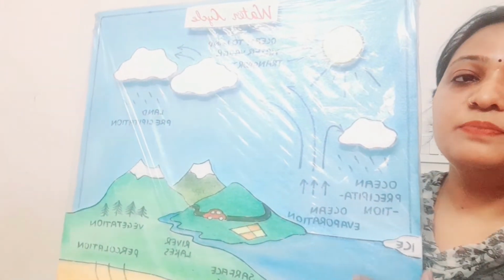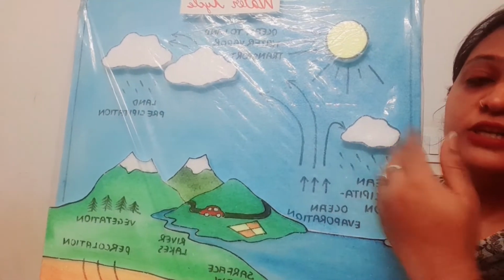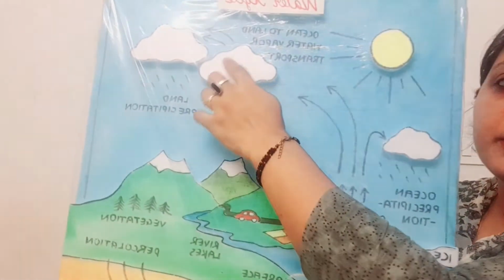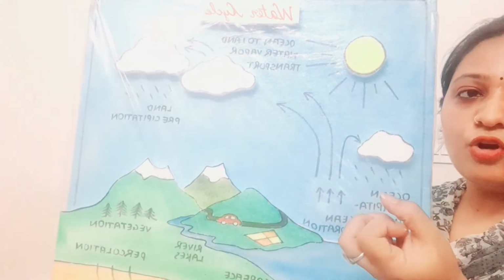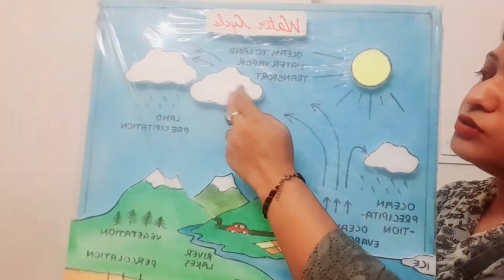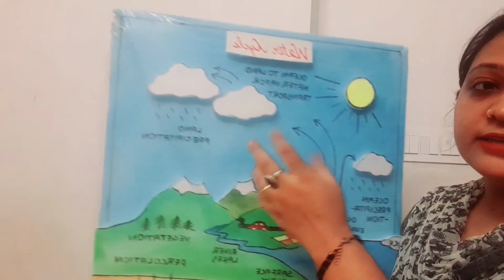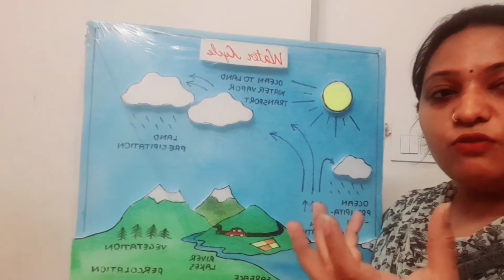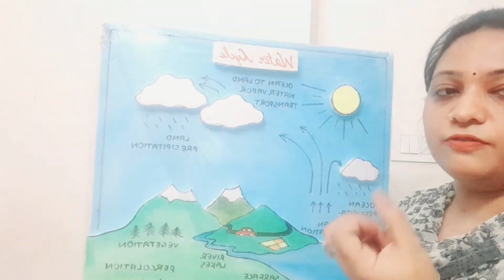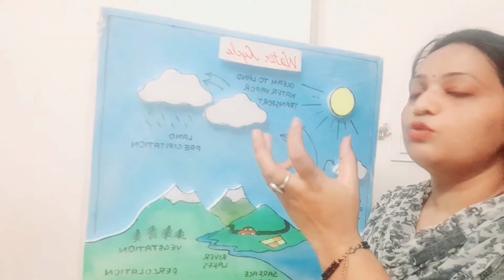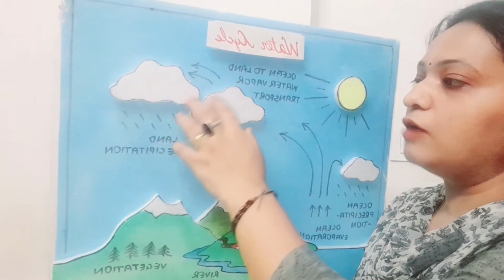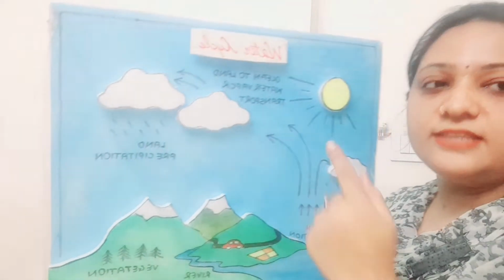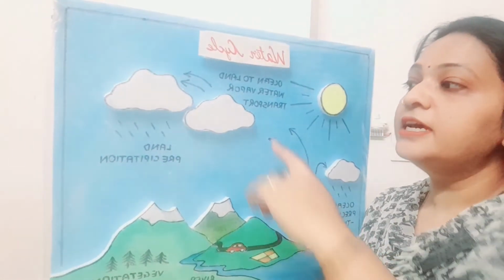The second step is when this water vapor comes closer to form a cloud. A cloud is basically very tiny water particles coming closer together, and this is the second step, condensation.